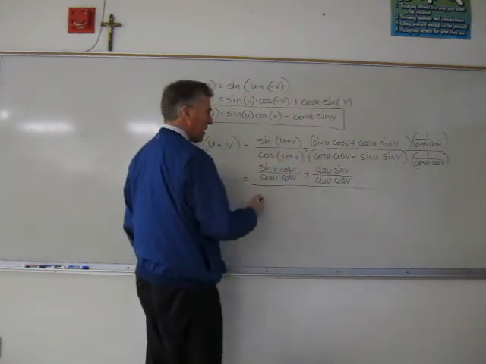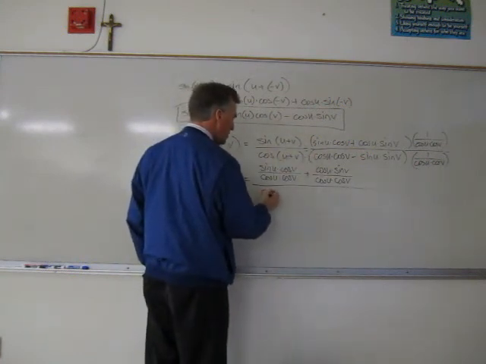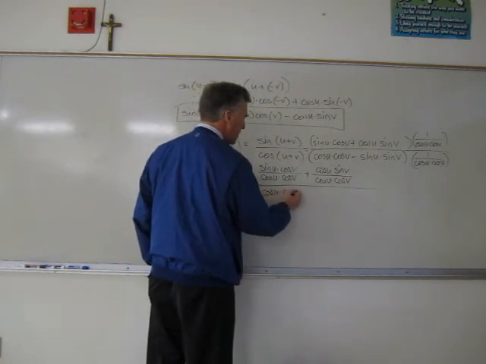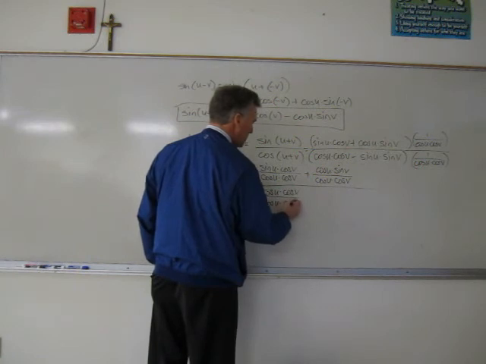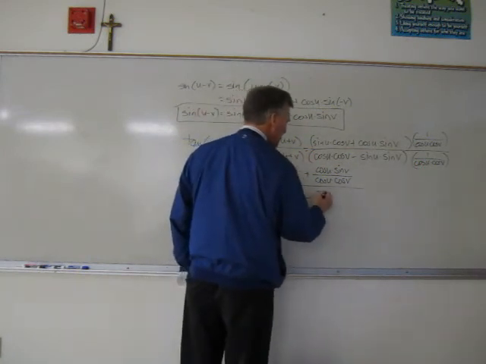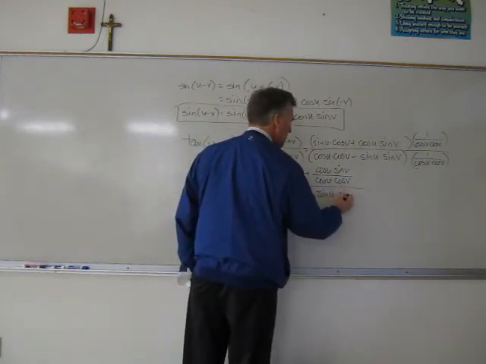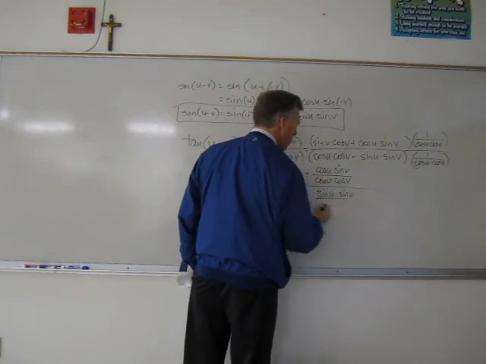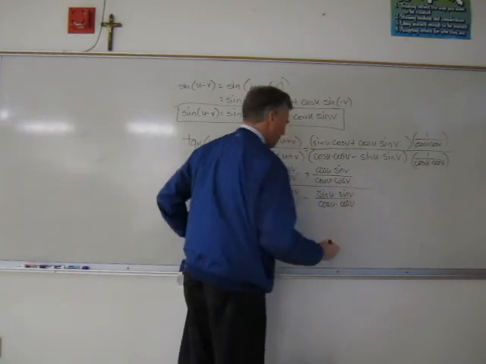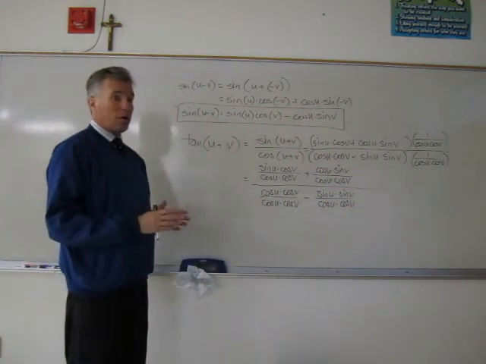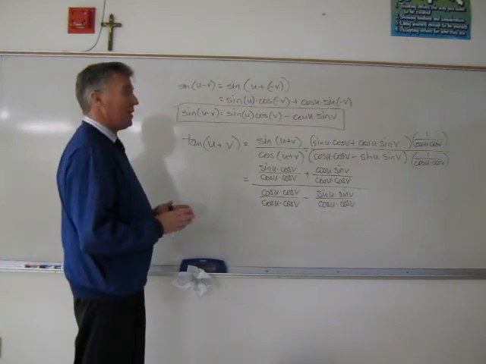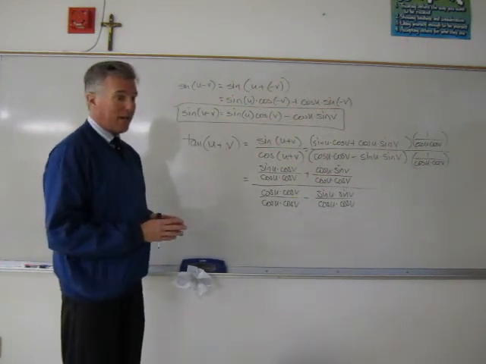Let's try the same thing down below. I get cosine u cosine v over cosine u cosine v minus sine u sine v over cosine u cosine v. Now, if you've been working on your Kung Fu mathematics, there are a lot of things that are going to divide out here.